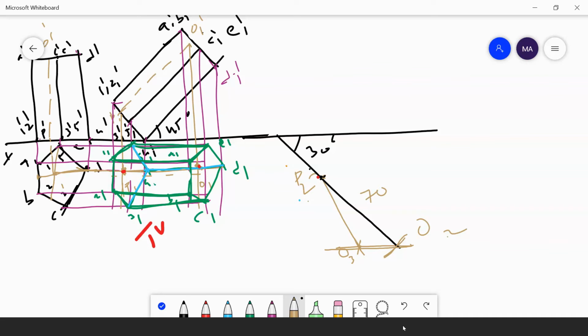After that, you are just projecting this green color pentagonal prism here on P2O3. Understand? P1O1 is nothing but here P2O3.